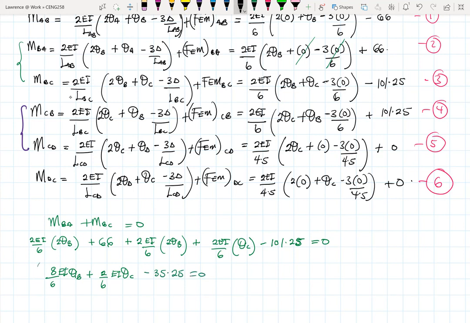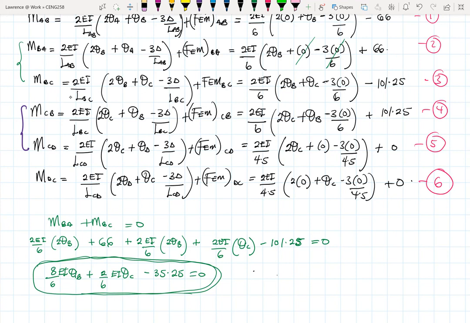So this is a very simplified equation. You could simplify it a bit more. 8 over 6 is the same as 4 over 3. 2 over 6 is the same as 1 over 3. Those ones we can easily do, okay?